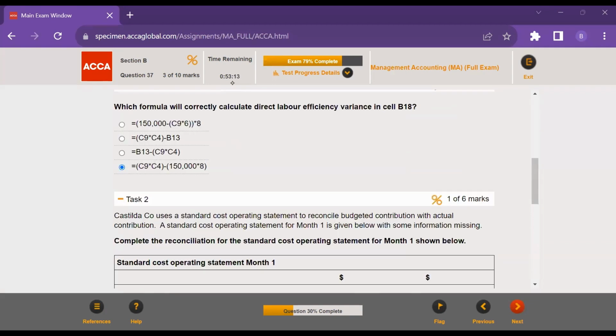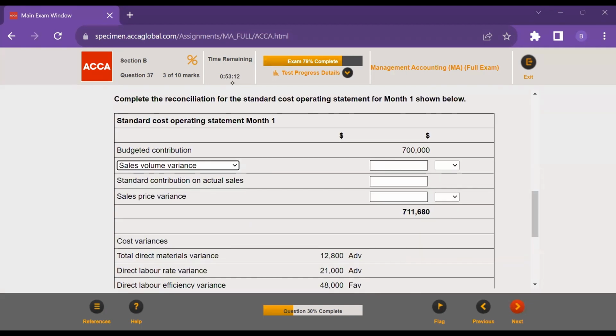$28. So I will find out my answer as the difference between 25,000 minus 25,600, and then this will be multiplied by my standard contribution. Now again you will get your answer as 16,800. This will be a favorable variance. Why?